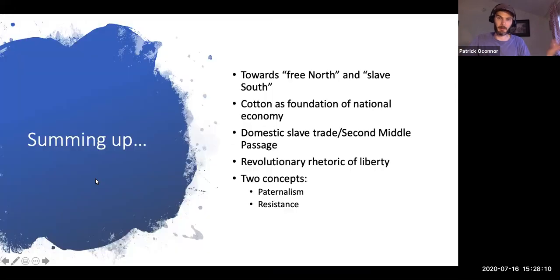Okay, one more quick thing to sum up. Fourth, the pervasive revolutionary language, the rhetoric of the American Revolution, of emancipation and liberty, as well as the rhetoric of the Haitian Revolution, didn't go away. It haunted enslavers throughout the rest of slavery's history in the United States. Enslaved people throughout the New World were aware of this rhetoric. They used it, they dreamed of it, they thought about it constantly.